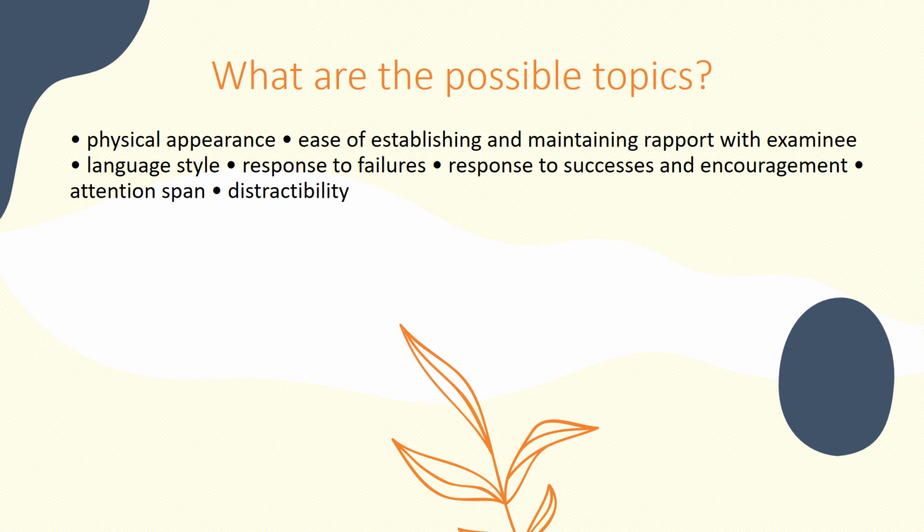Attention span relates to distractibility. Some people are distracted by extraneous noise such as an airplane flying overhead or a conversation just outside the testing room, whereas others do not seem to be bothered. Observe how well the person attends to different types of instructions and tasks. For example, after you give directions for a task, the person may appear confused.